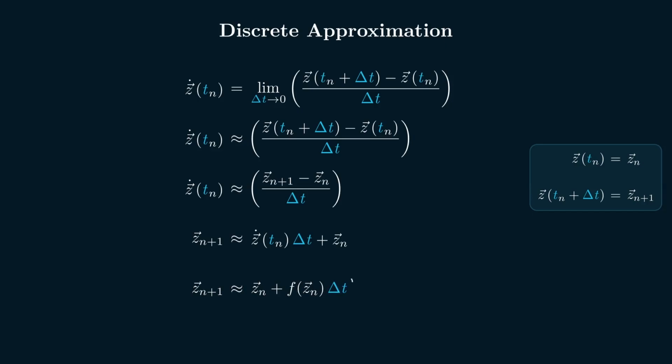Let us now take a closer look at this equation. What have we got? We have an equation that calculates state n plus 1 from state n after a time delta t. This means that if we have an initial state for n equals 0, we can calculate all subsequent states step by step. This is called the Euler algorithm.